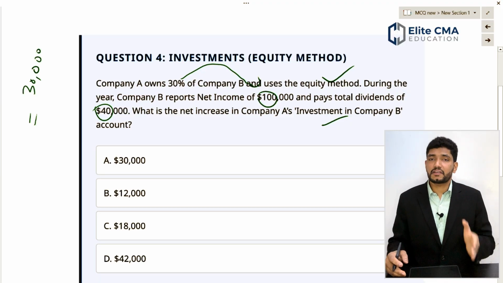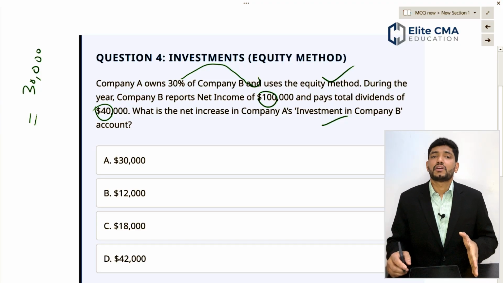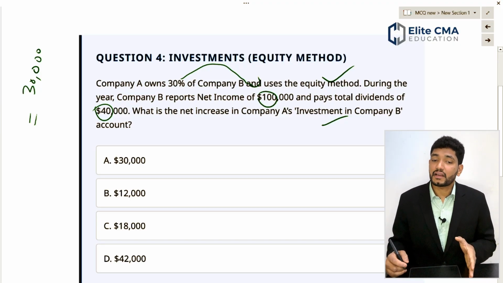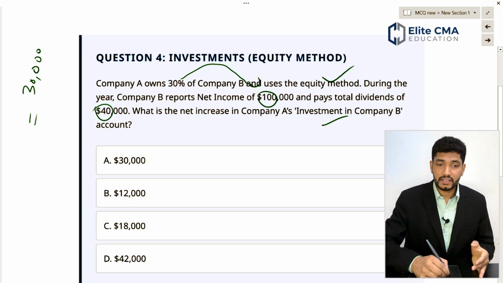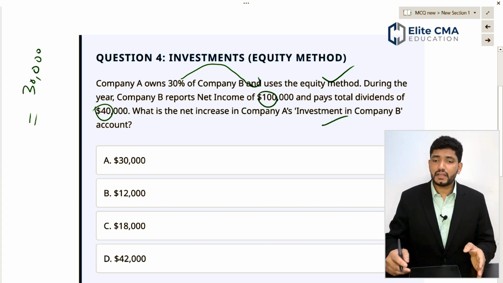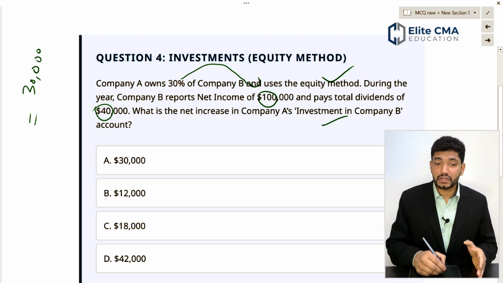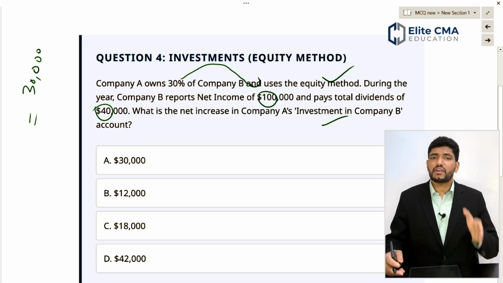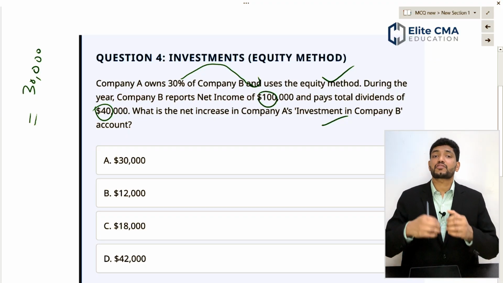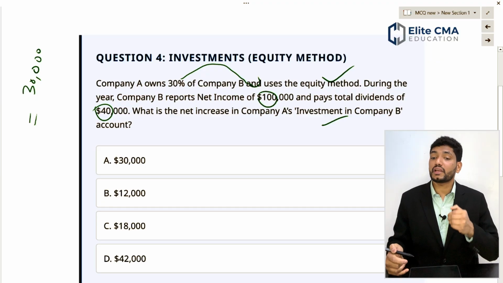Once the company generated 100,000 net income, you can immediately consider an increase in your investment account of 30,000. Then the company pays total dividend of 40,000. Once the company pays dividend, it has to be reduced from your investment account.